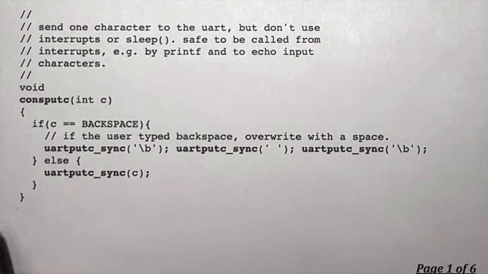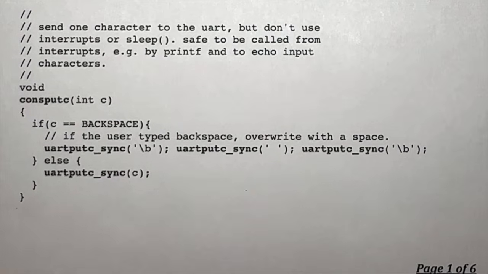The idea is that whenever the user types any character over a UART connection, the software has to echo the character back. Merely pressing the key does not cause anything to appear on the screen. Instead, it has to be explicitly echoed by software to be visible. And consputc is used for performing this echoing.